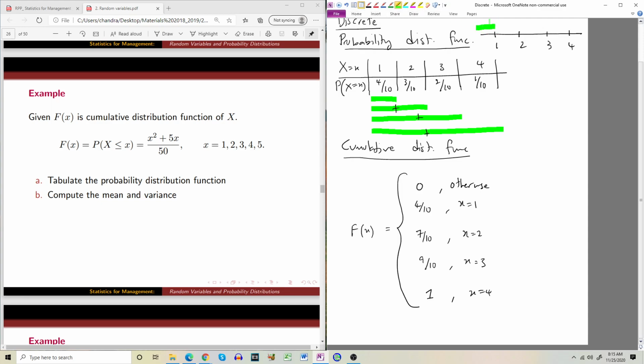From here to here, and then you add from here to here. Let me put it down. And then the second one you add from here to here. Third one you add from here to here. Fourth one you add from here to here. So that's how you get it. You can imagine like that also. And this is how you find cumulative frequency for a discrete function.